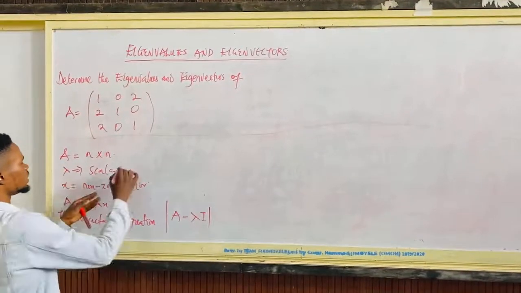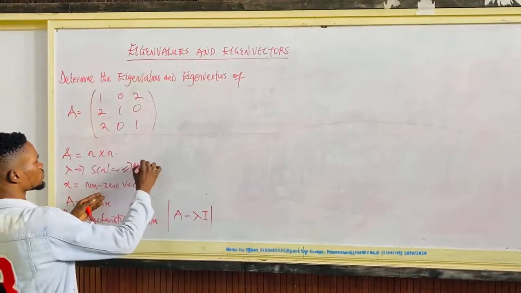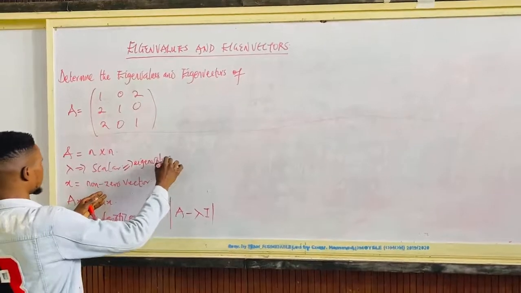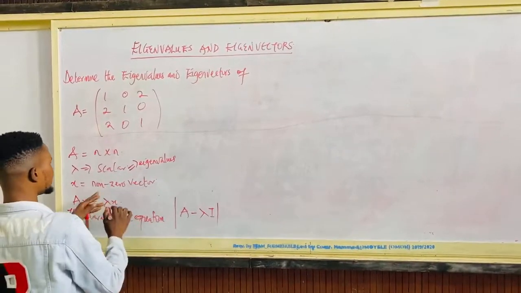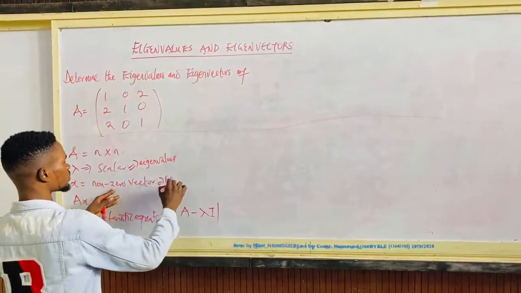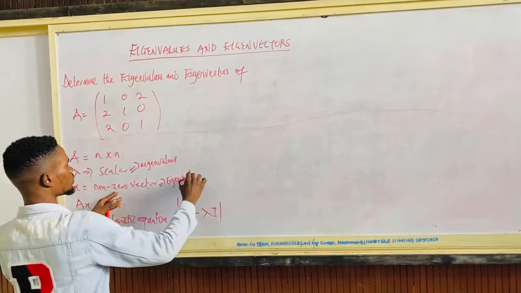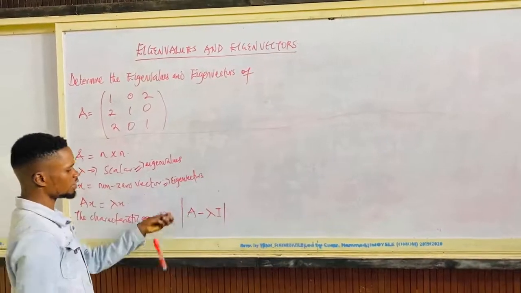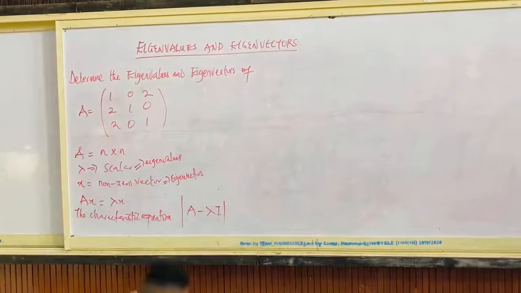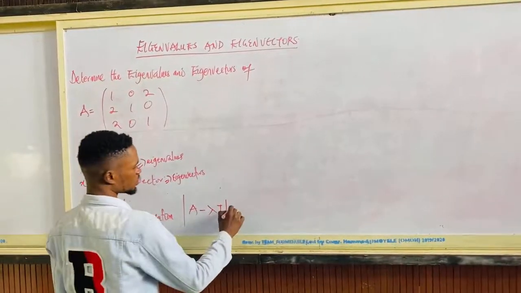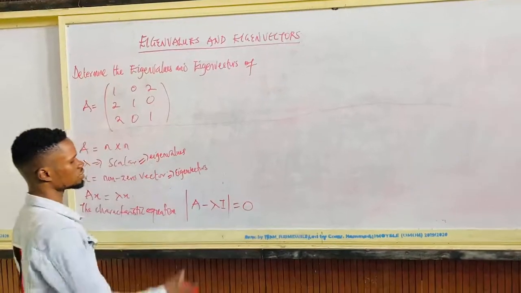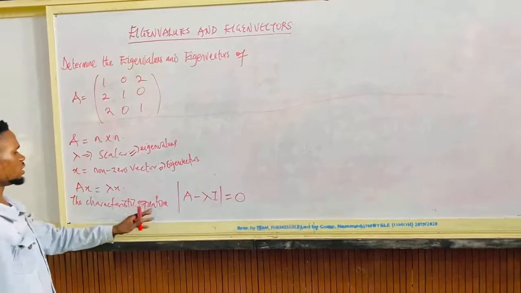That's the eigenvalues. And this x is a non-zero vector, which is the eigenvector. So the determinant of A minus lambda I is equal to what? 0. That's the characteristic equation. That's how to get the eigenvalues.